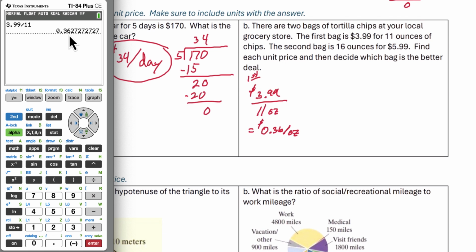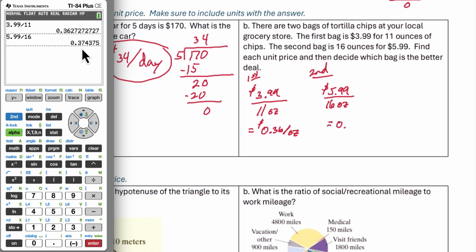And then the second bag is $5.99 for 16 ounces. 5.99 divided by 16. And again, here we need to round to the nearest cent, so we'll use 2 decimals.